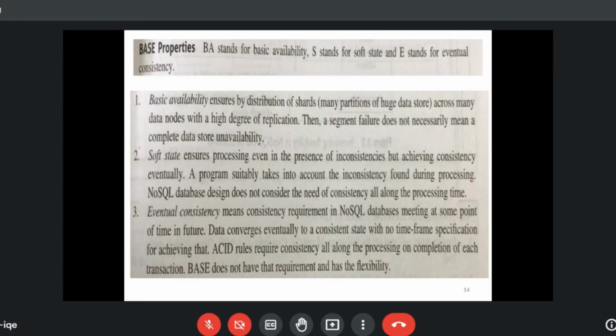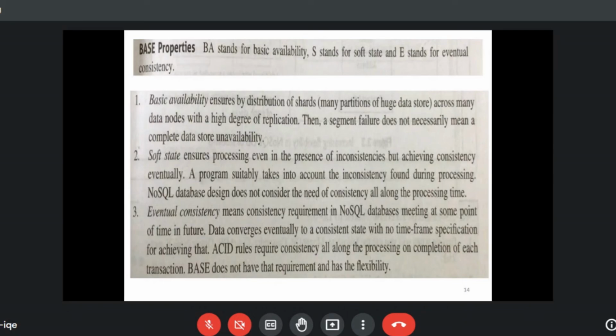A program suitably takes into account the inconsistency found during processing. NoSQL database design does not consider the need for consistency all along the processing time.